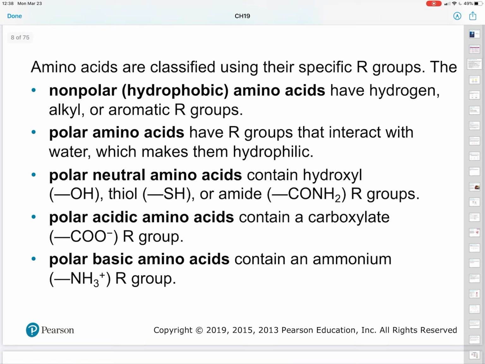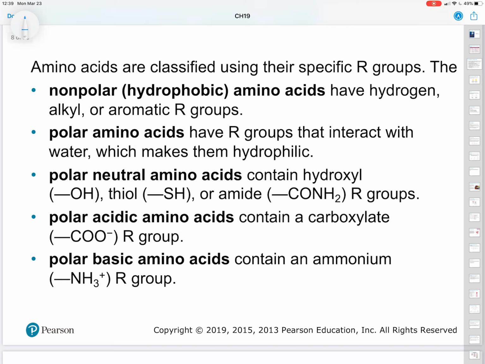So as far as classifications go, there's a few different groups. We have a non-polar group, we have a polar group, we have polar neutral, we have polar acidic and polar basic. Let's take a look at them. Now, differentiating factors that are going to matter here.